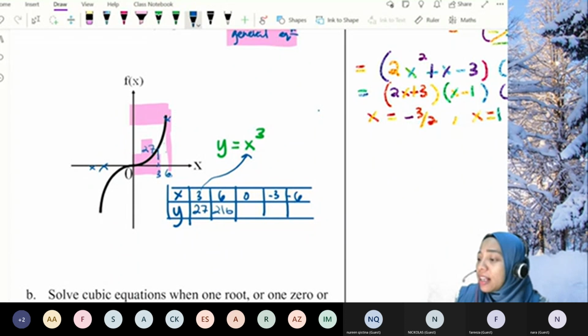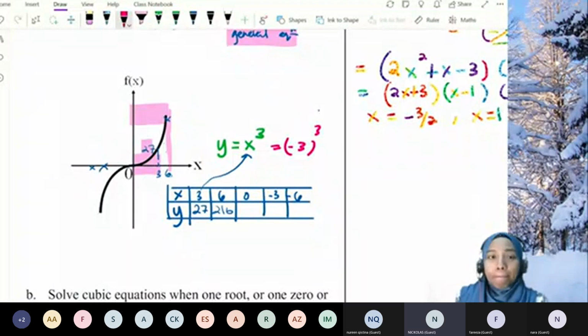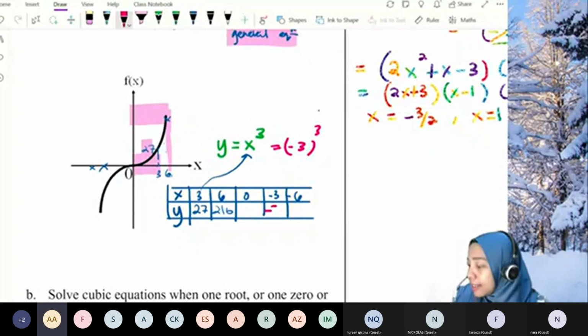Okay, please press calculator for me. When x is equal to -3, dapat berapa? -3 cube. Dapat apa? -27. Exactly, -27.